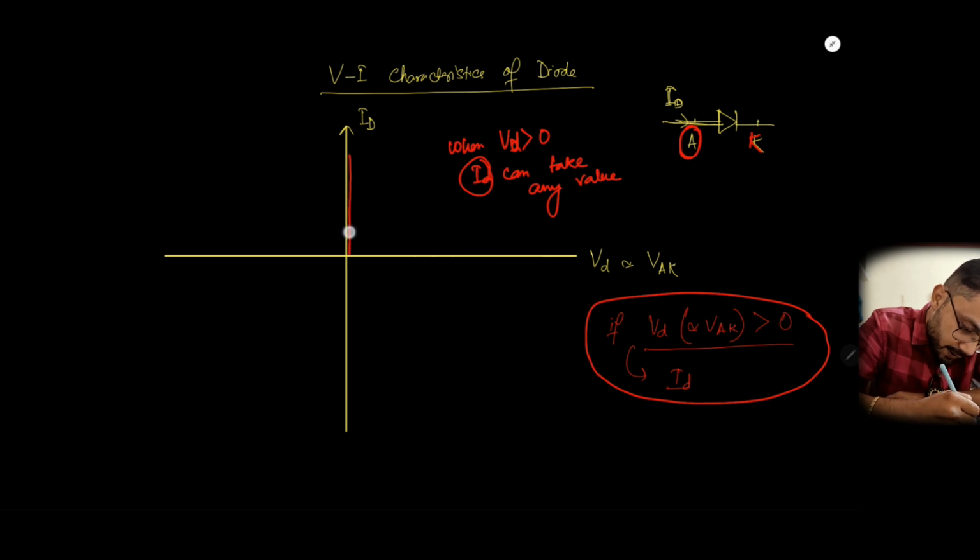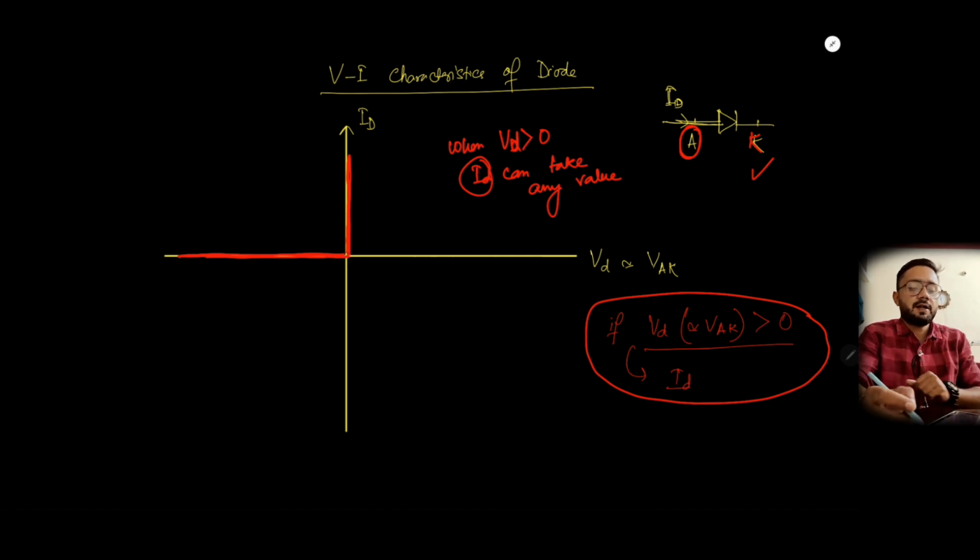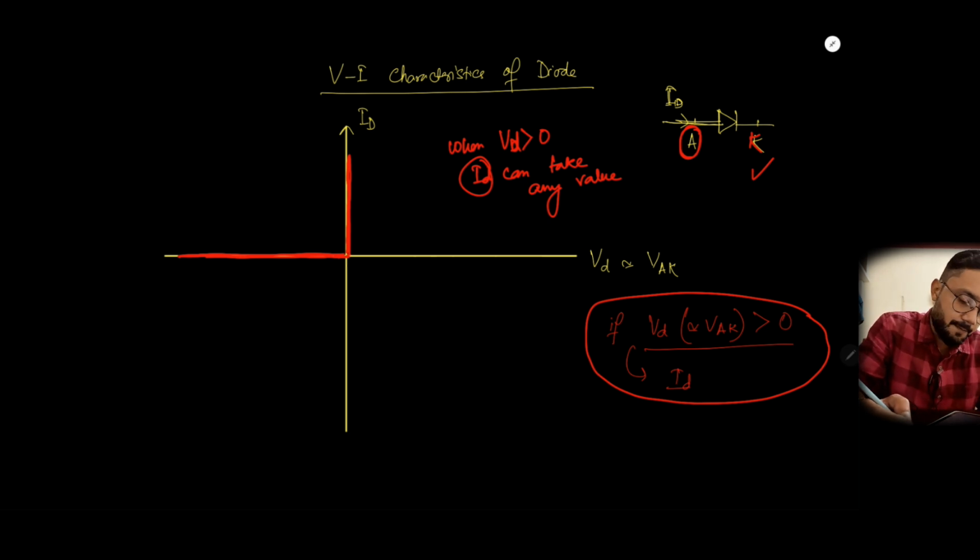We can draw it like this. Now what happens when VD is negative? VD negative means cathode voltage is greater than anode voltage. Obviously it doesn't allow the current to flow, that is ID will be 0 in that case. So here we can draw it like this. This red line is the VI characteristics of an ideal diode.